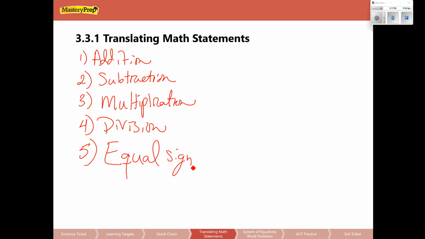Equal sign. And the last one, what do you think the words what, unknown, a number are? Something that we're solving for. Because if we're solving for something, we're looking for a variable.